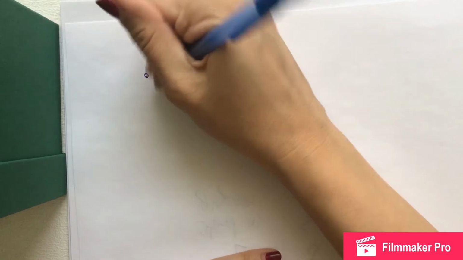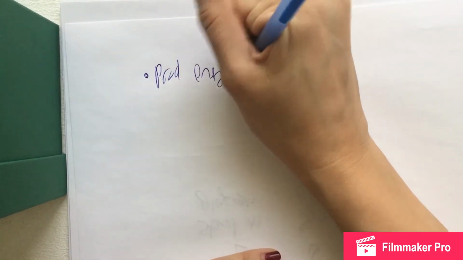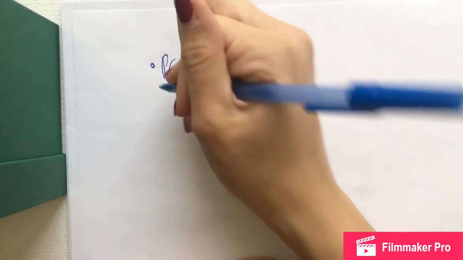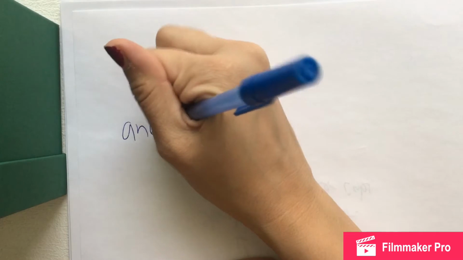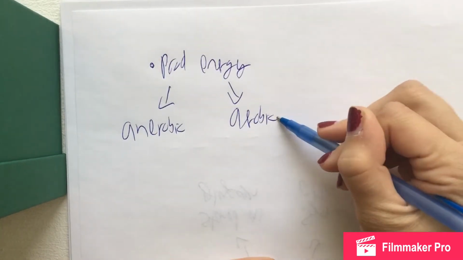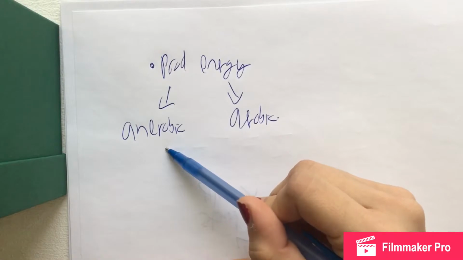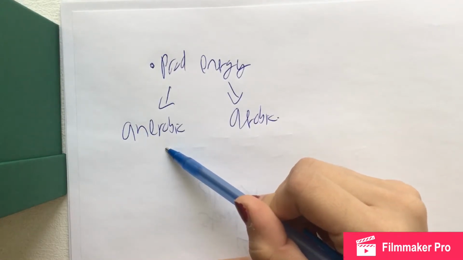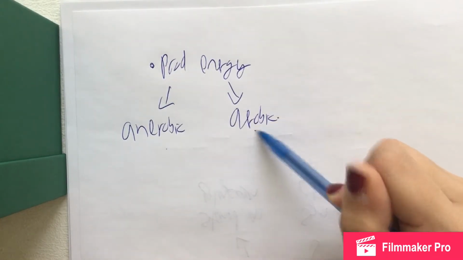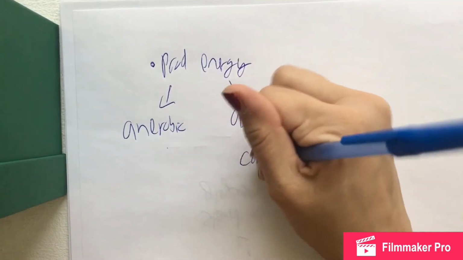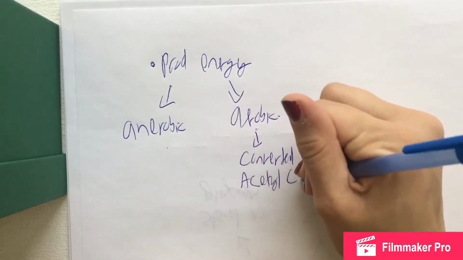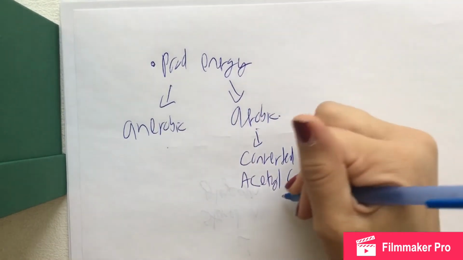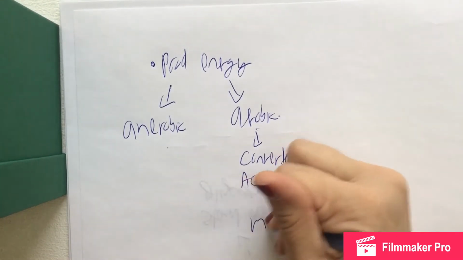So say you do want to produce energy. You will then need to decide if it's going to be aerobic or anaerobic. Now remember, aerobic is with oxygen and anaerobic is without oxygen. If you're going to do the aerobic path with oxygen, the pyruvate will be converted into acetyl-CoA. This occurs in the mitochondria.